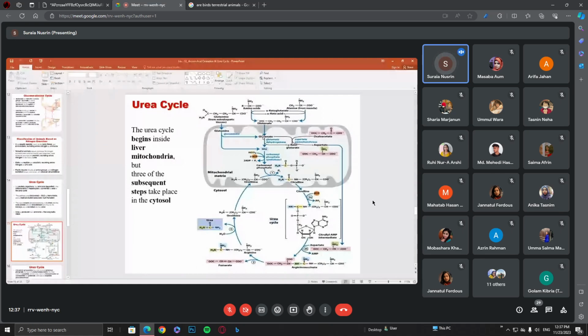Glutamate then undergoes the oxidative deamination reaction, catalyzed by glutamate dehydrogenase, and the amino group is released. So this amino group now enters the urea cycle through carbamyl phosphate synthetase 1.